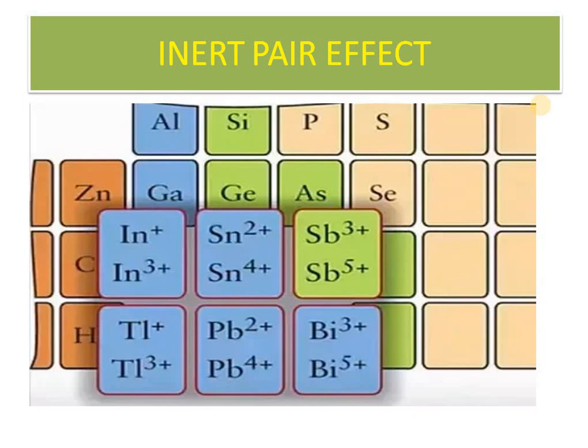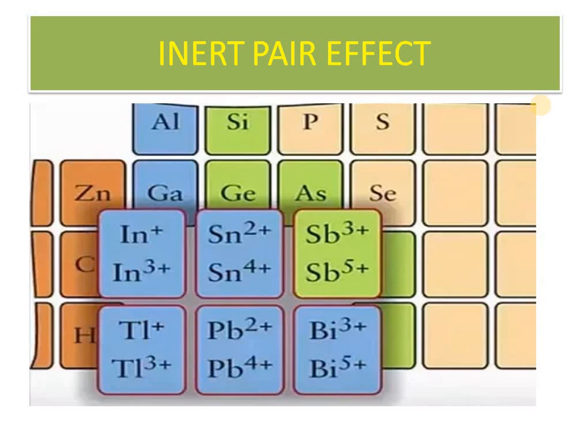When you go down the group, what are you observing? Both oxidation states are there. If you talk of silicon, germanium, tin, lead, tin has +2 and +4. If you talk of the carbon family, ns2 np2, in that case 2 electrons can go from np2 and 2 electrons can go from ns2.